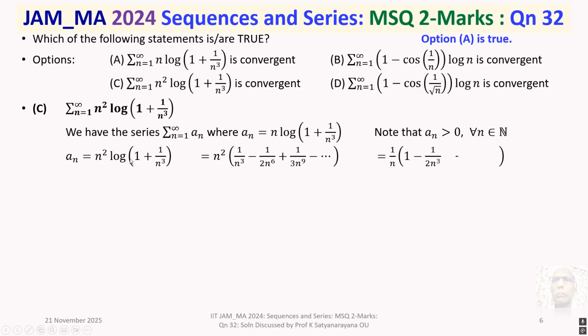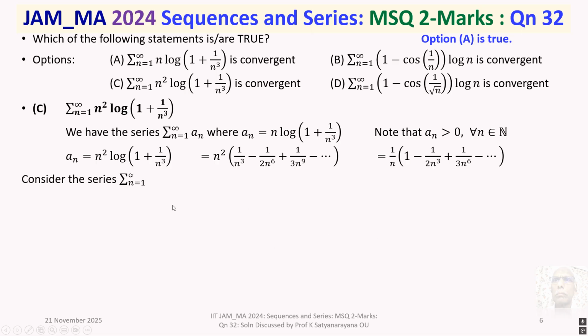So, n square into the expansion of log of (1 plus 1 by n cube), we have written 1 by n cube minus 1 by 2n to the power of 6 plus 1 by 3n to the power of 9. Now, 1 by n cube is common from the bracket, and when it comes out, n square into 1 by n cube will become 1 by n. After taking 1 by n cube common, you will have in brackets 1 minus 1 by 2n cube plus 1 by 3n to the power of 6. Now, it suggests us to consider the auxiliary series sigma bn, where bn is equal to 1 by n.